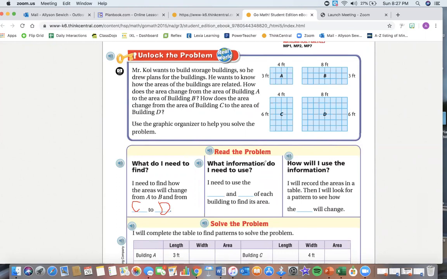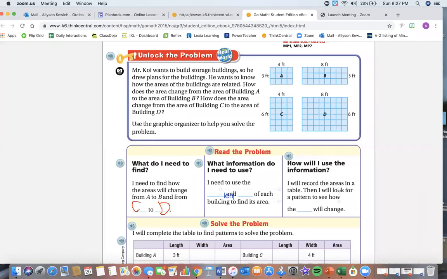All right, what information do I need to use? I need to use the blank and blank of each building to find its area. So in order to find area, what do you need to multiply? Or I guess add up all the sides of. We need to know the length and the width. So let's see if I can actually type.